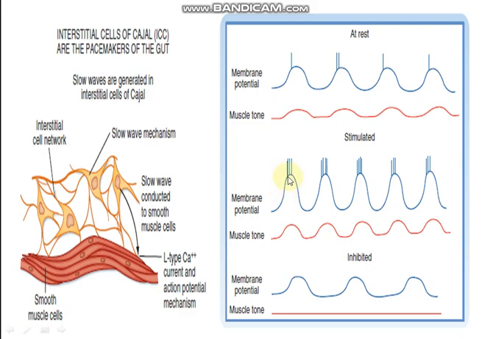I go over it again. When the depolarization of the slow waves exceeds the threshold, a train of action potentials are triggered at the peak of the slow waves.